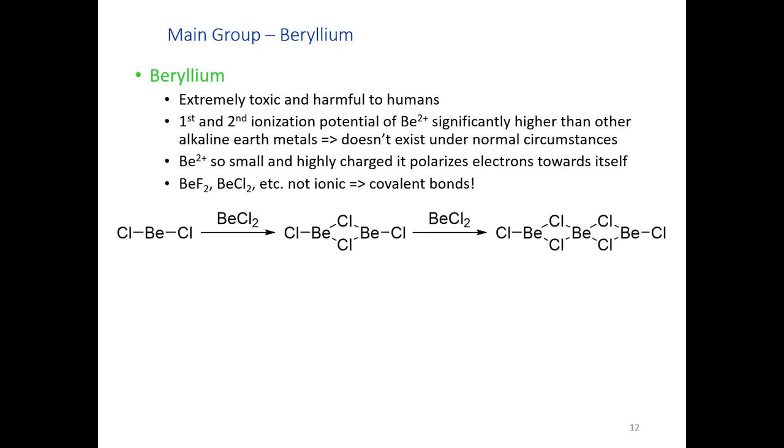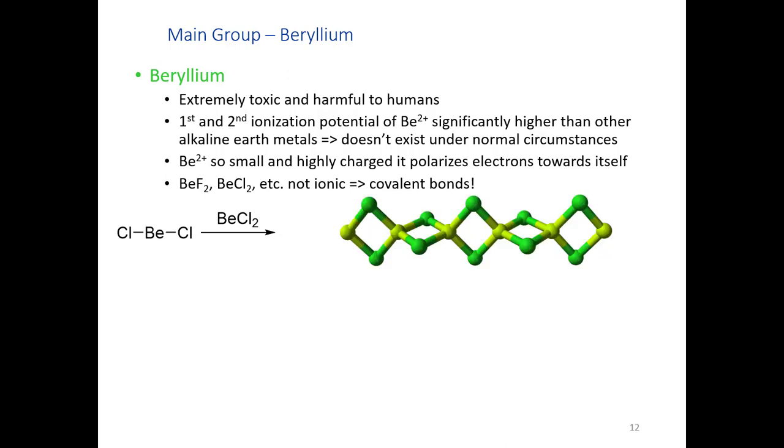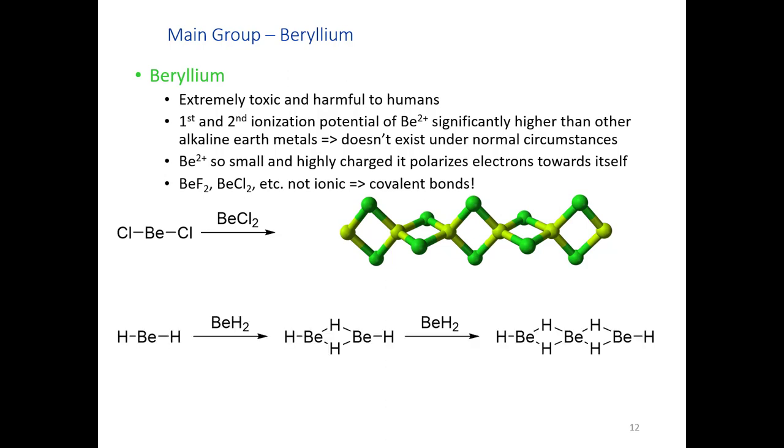This happens over and over again so that beryllium chloride actually exists in infinite tetrahedral chains like this. You should note that beryllium adopts a stable electronic configuration by forming 4 covalent bonds because it has a full octet. Beryllium hydrides form similar structures, and they exist as tetrahedral chains.